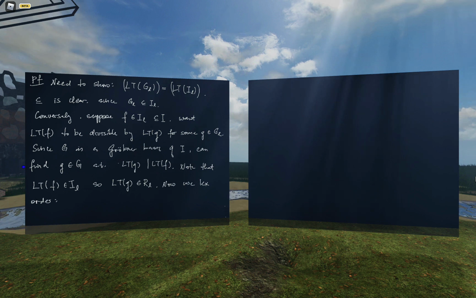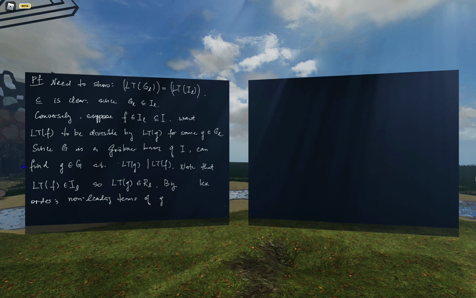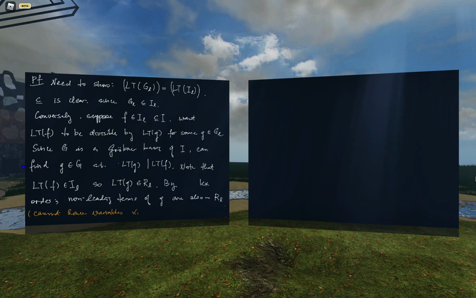So since we're using Lex order, by Lex order, non-leading terms of g are also in RL. I'll just put in brackets here: they cannot have variables x1 to xl.